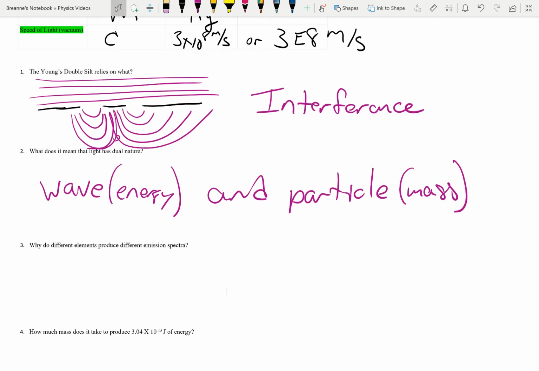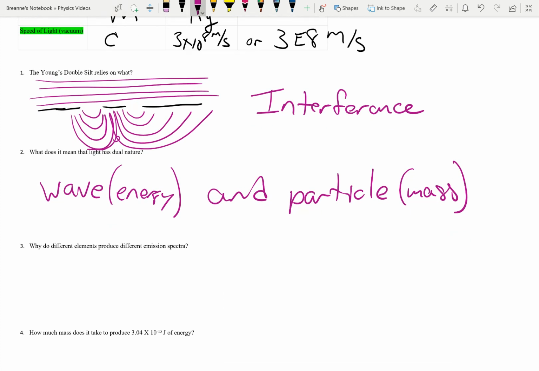Number 3: Why do elements produce different emission spectra? So if you know anything, you have your nucleus here, and we'll call that N for nucleus. And in the nucleus, you have protons and neutrons and all that fun stuff. But then you have your electron cloud.